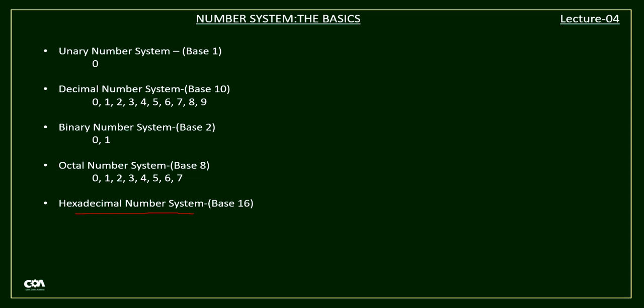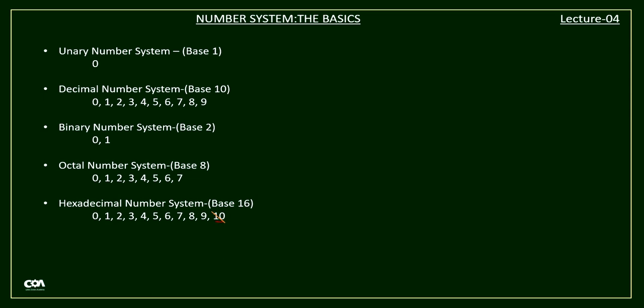This is one of the important number systems, because in the hexadecimal number system the base is 16. From 0 to 9 the digits are the same as in our decimal number system. But after that, for the 10th number, if you write 10, it creates confusion because we already use 1 and 0, so we can't write 10 here.